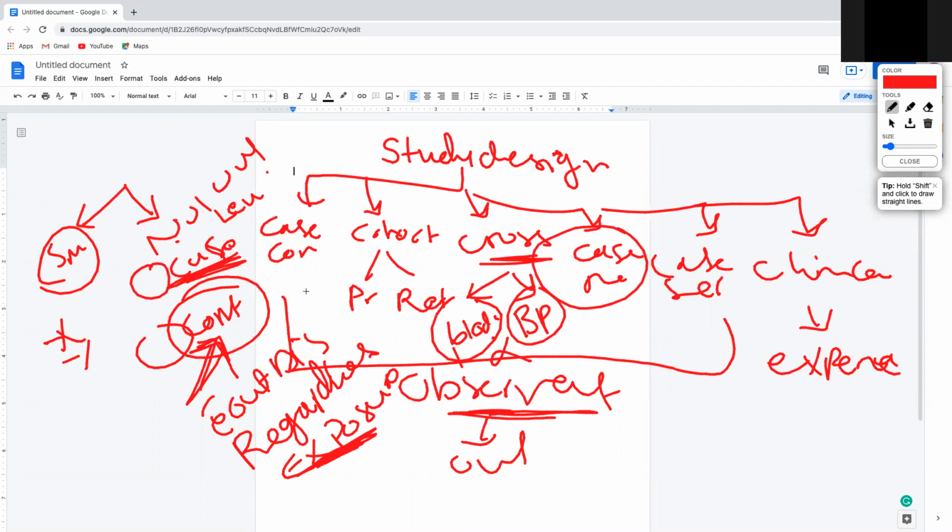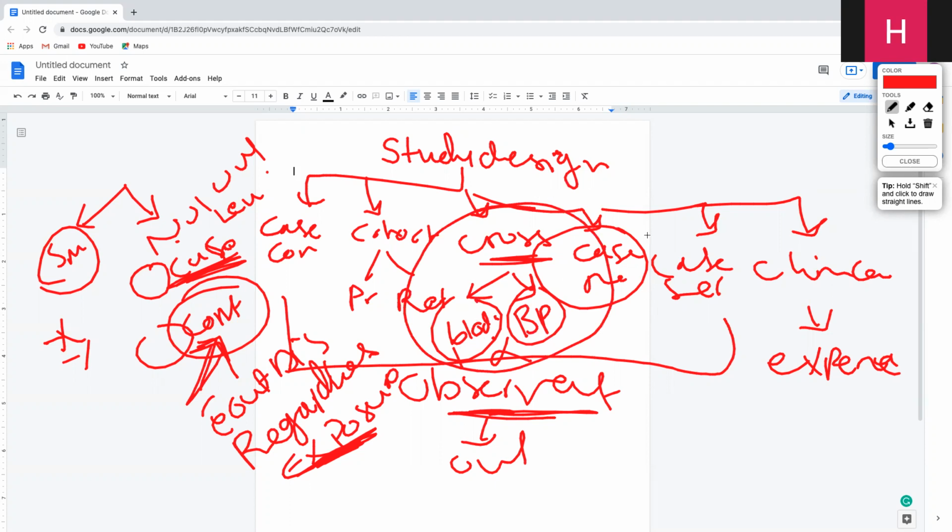So Dr. Huda, for the cross-section, you said you're taking the blood sample and checking the BP at the same time. So it is at a certain point where you are doing it in the present, that is called a snapshot, right? Like you're taking a picture. Yes. I will take the sample at that point, and simultaneously you are checking the exposure and the outcome.